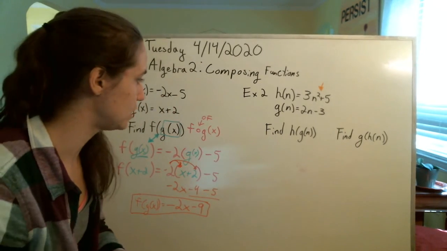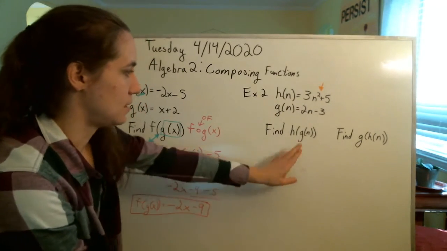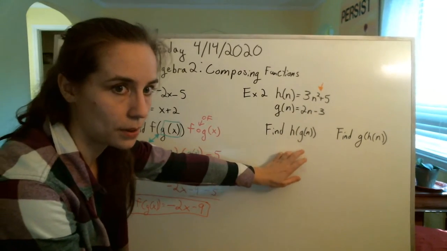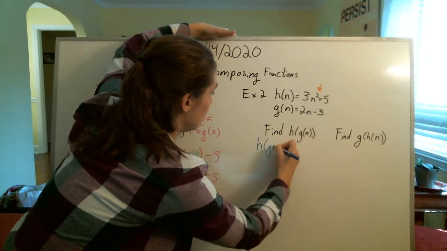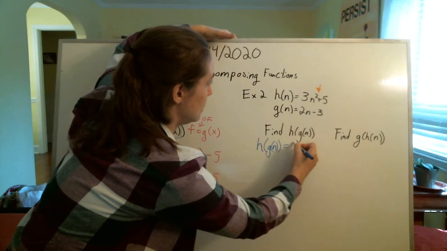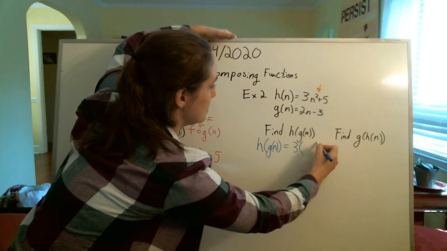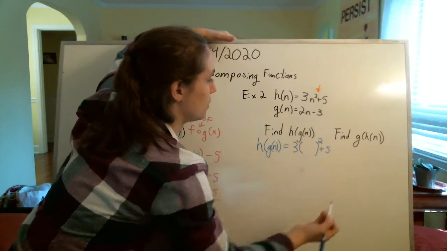Okay, so first one here, we've got h of g of n. So h is on the outside, we're plugging g in. So instead of writing h of g of n, instead of writing n, I'm going to write parentheses. Make sure to square it, plus 5.